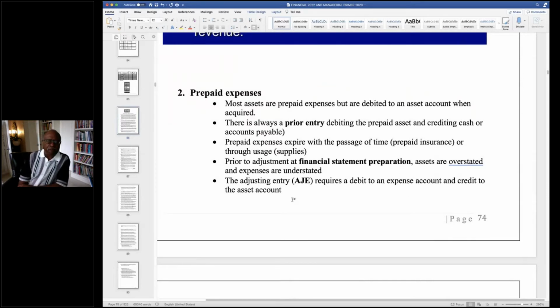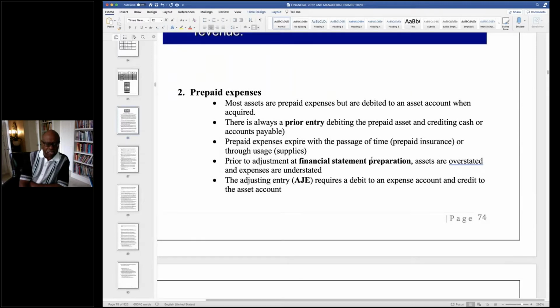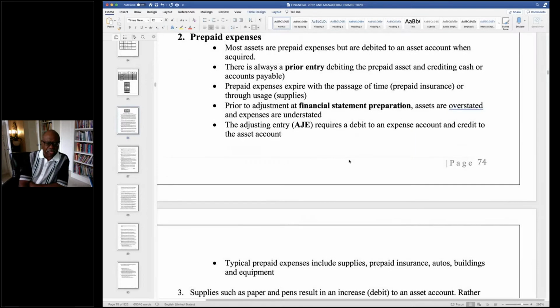Most assets are prepaid expenses. So we put them in the asset account, but they're actually an expense eventually, and they're just temporarily prepaid, then they become an expense. Okay. So when we pay for the item in advance, we debit the asset and credit cash or accounts payable. But when we get ready to prepare financial statements, we have to check to see if the item is still an asset.